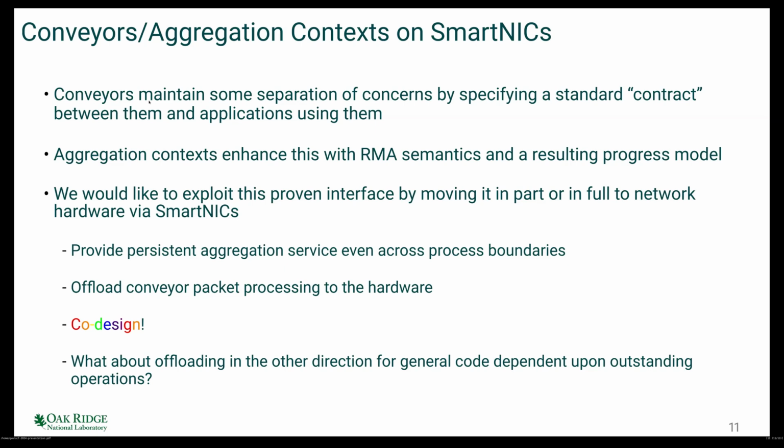So we'd like to take this and make a single interface out of it by moving it in part or full to network hardware via SmartNICs, providing us with persistence between application launches, or even between process boundaries or jobs. We could have a persistent aggregation service running on the node, and applications would then just offload their packet processing to that hardware.